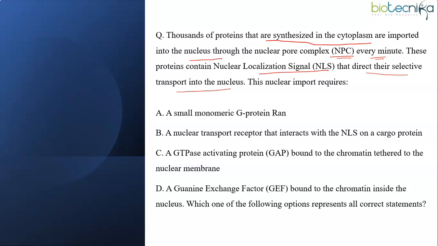This nuclear import requires: A, a small monomeric G protein RAN; B, a nuclear transport receptor that interacts with the NLS on a cargo protein; C, a GTPase activating protein bound to the chromatin tethered to the nuclear membrane; and D, a guanine exchange factor bound to the chromatin inside the nucleus. Now we need to identify the correct combination of statements.